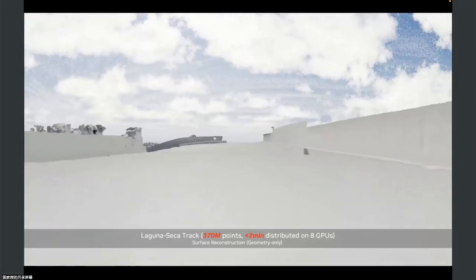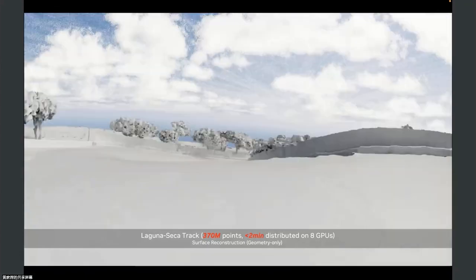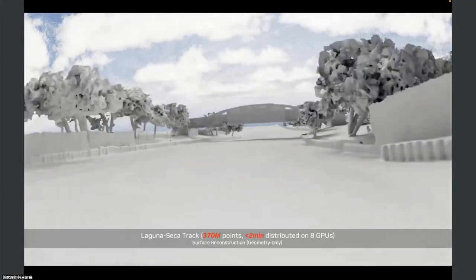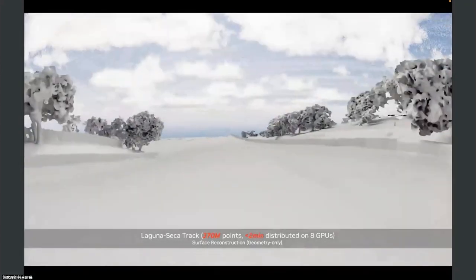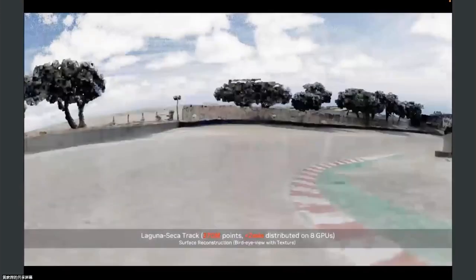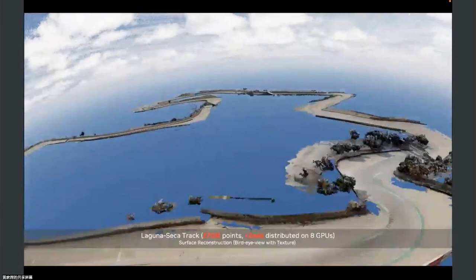We tested this on the Laguna Seca track, because at NVIDIA we are also doing much research related to AV, and we have teams that are directly tackling these AV data and also autonomous vehicle driving systems.